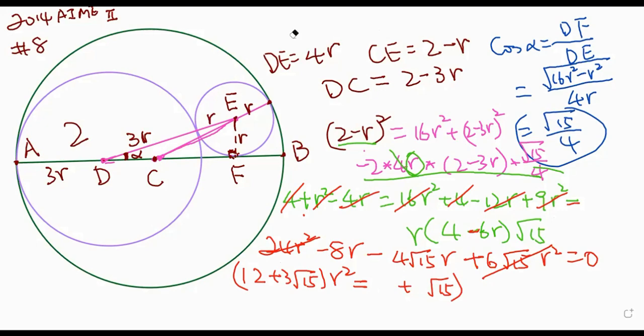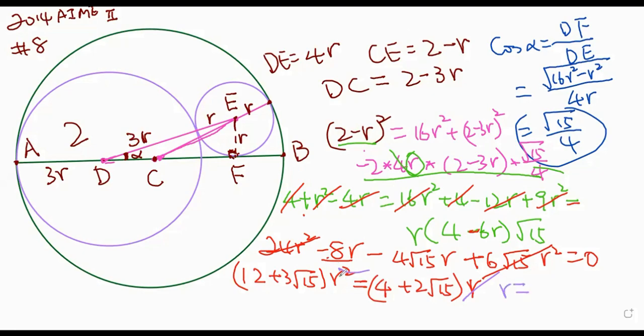So 4 is another, 8 is divided by 2, 4, 2 times of that. And here is R, right? We know R cannot be 0, so we can divide by R on each side. Now we can get R equals how much?